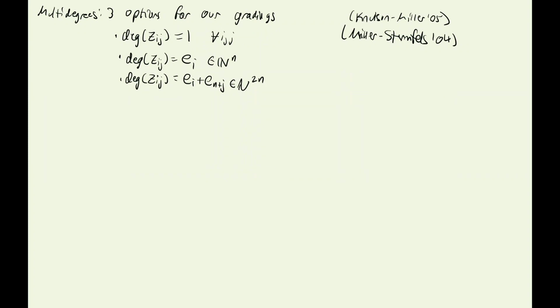Instead of needing one variable to index the grading, we'll need a lot of variables. We're still going to have a module, and this t is now either t1 to tn, or t1 to t2n, or just t if it's the standard grading.